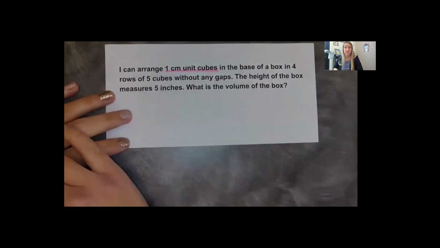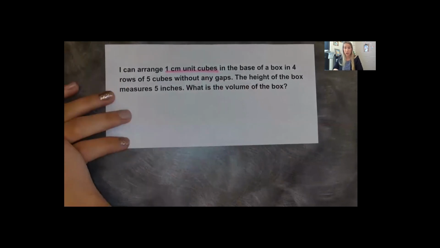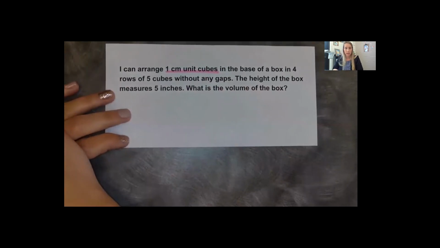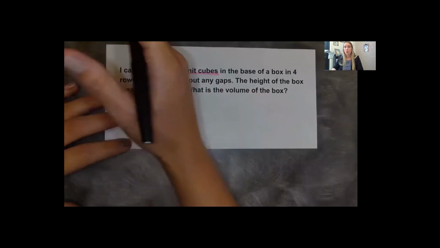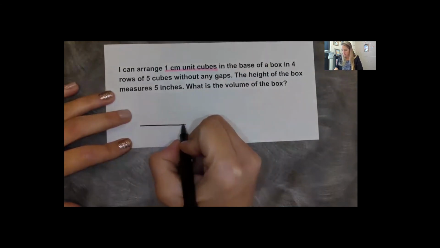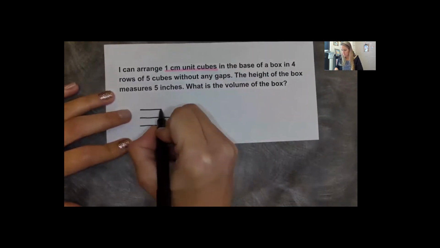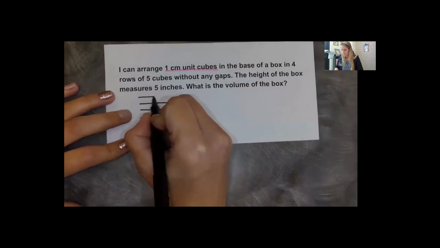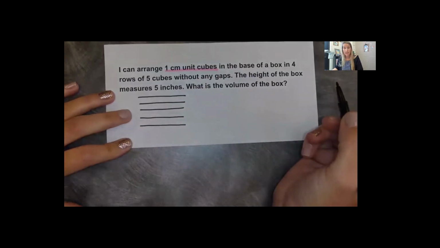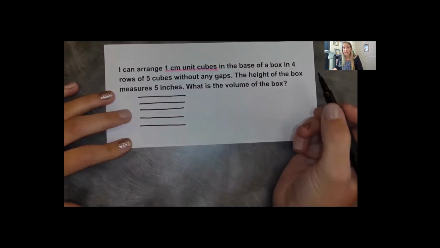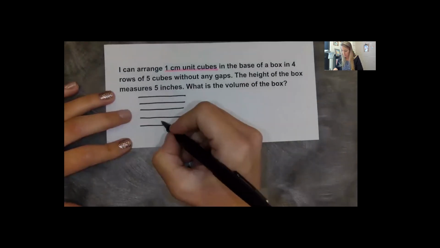And so, is it okay to draw a picture to help you with this? Absolutely. We know that the 4 rows, and each row has how many cubes in it? 5.